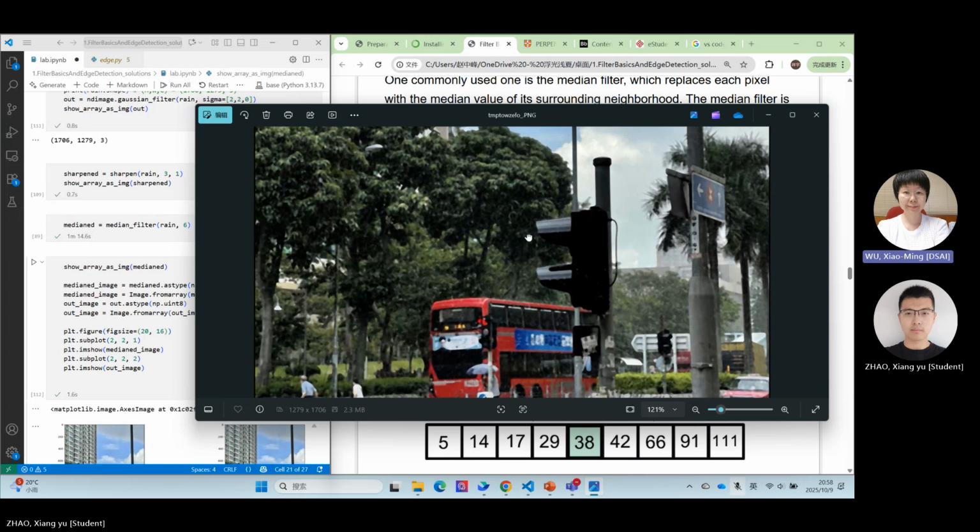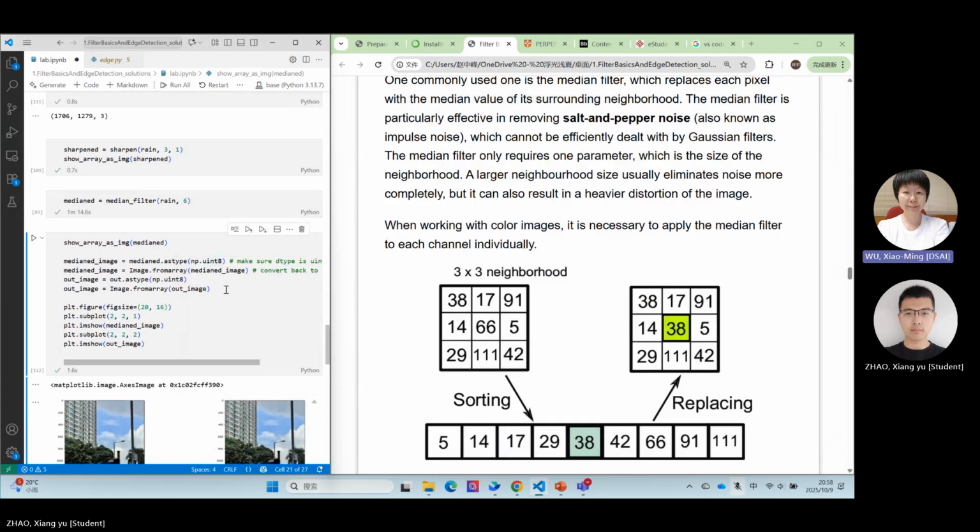In these images, there are no rains, so you can just use the median filter to denoise, especially for the salt and pepper noise. Oh, okay. This is also an example of the results. You need to achieve your own code by yourself. This is also another homework.